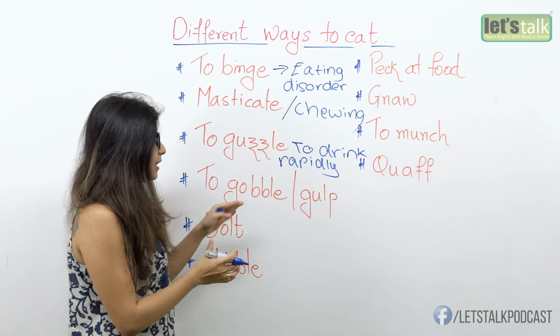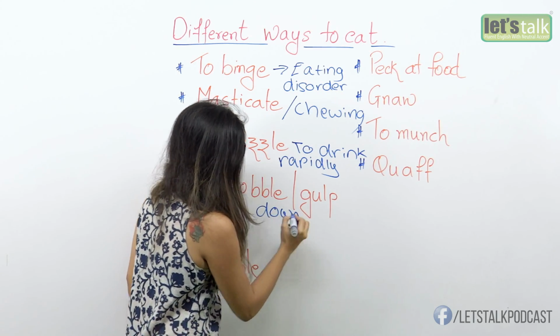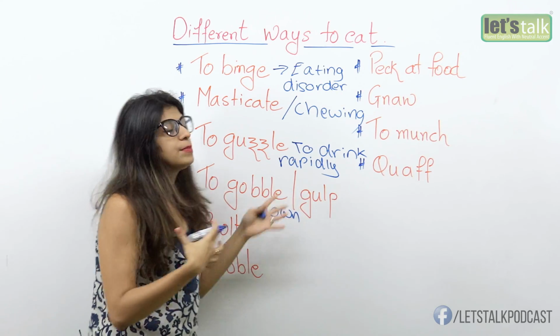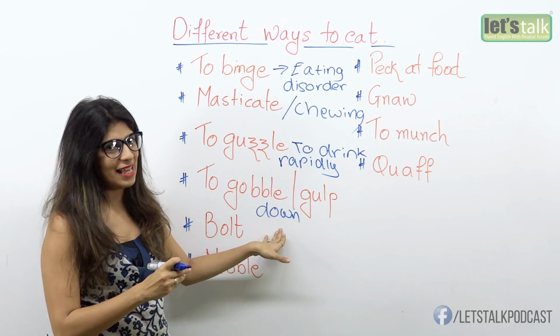So usually these verbs are used with the word down. So like, I gobbled down my breakfast. I gulped down my breakfast, okay? So this is the way you would use this.